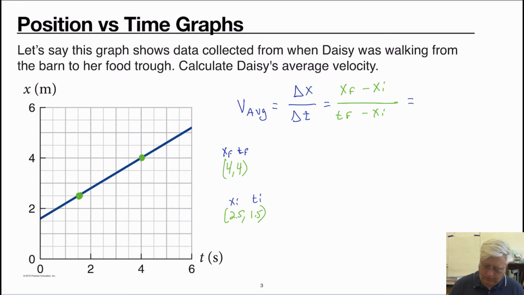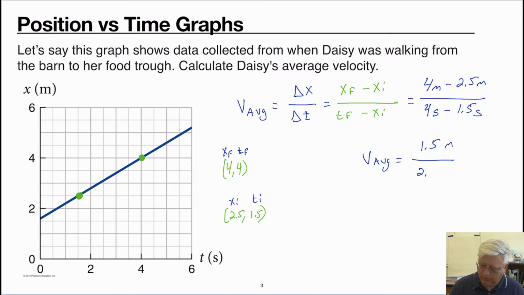So x final, 4 meters, minus x initial, 2.5 meters, divided by t final, 4 seconds, minus t initial, 1.5 seconds. So we get an average velocity of 1.5 meters per 2.5 seconds.